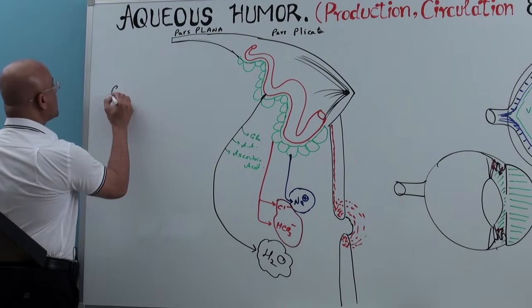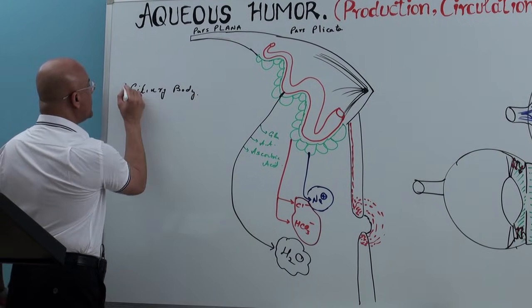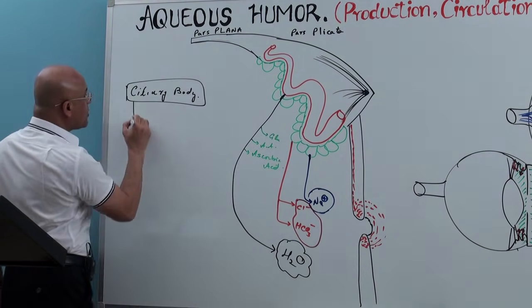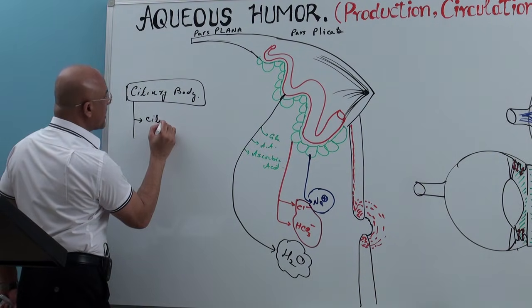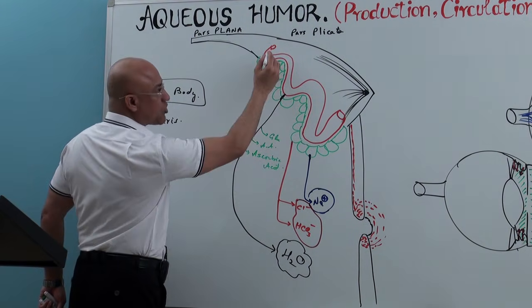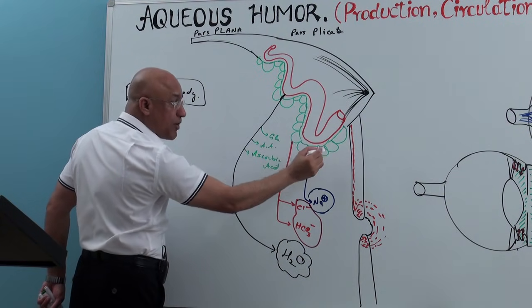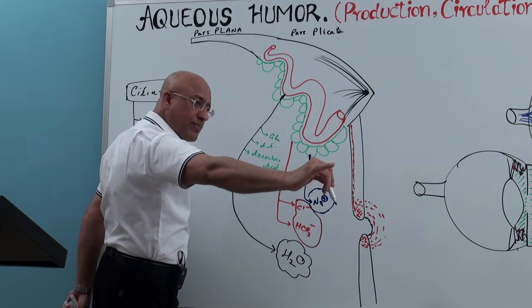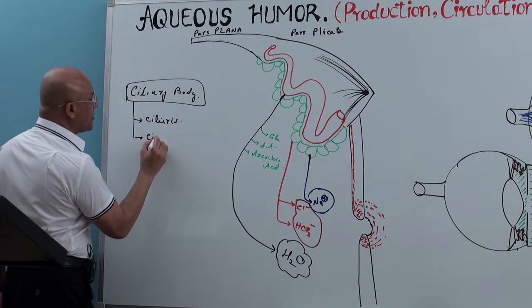Number one, ciliary body, which is the whole structure. The ciliary body has a muscle, which is called ciliaris, and then there is vascular stroma and epithelium, and the loops of vessels covered by this epithelium which actively secrete aqueous humor. These loops are called ciliary processes.